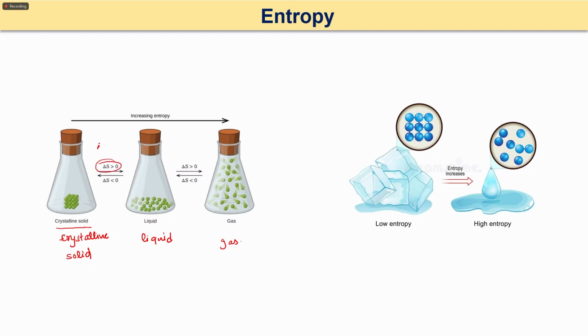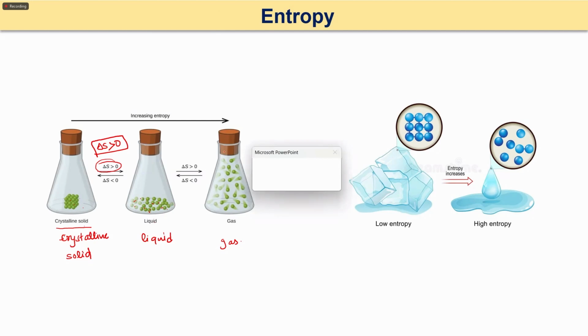If entropy is increasing, that means your delta S will be greater than 0. Okay, because here entropy, that is randomness, is more than here. So if you subtract it, then the value will always be positive. That means your change in entropy will always be greater than 0. Here, if we go from liquid to gaseous phase, here the molecules can move more freely. That means here there is more randomness. So more randomness means the more will be the entropy.